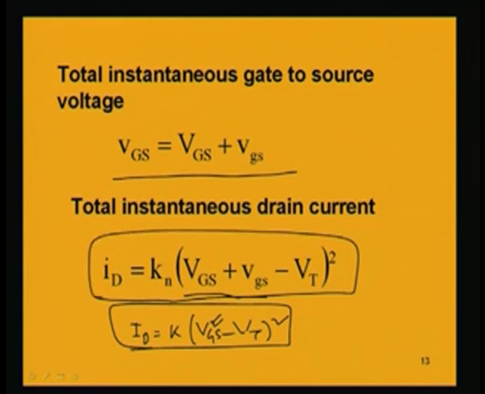So, instead of only VGS, we are having this voltage, and this Kn is the fabrication constant for the n channel enhancement type MOSFET, and this is basically a constant which is given or which can be computed given the parameters like length of the channel, width of the channel, etc. So, in this particular discussion we are using it as a constant instead of going into the computation of Kn.